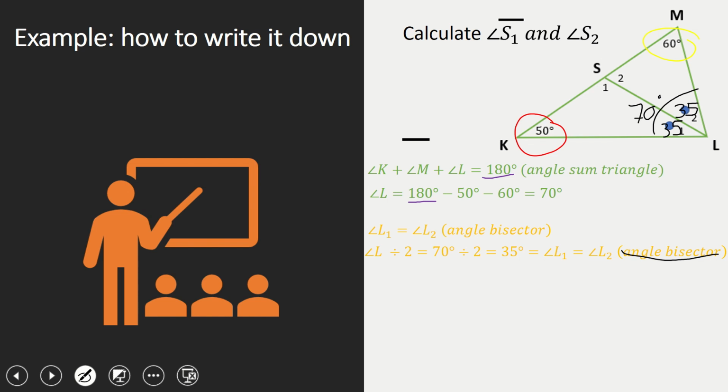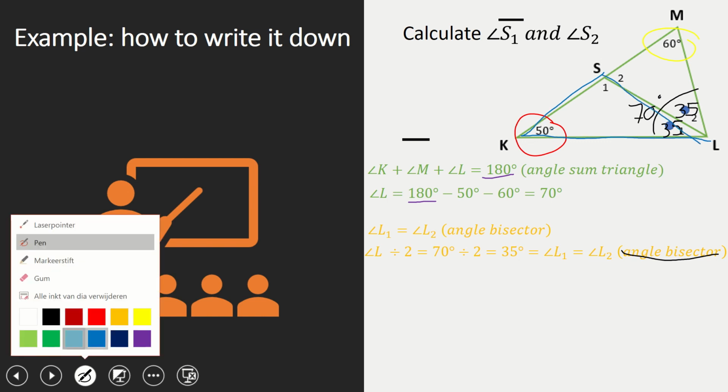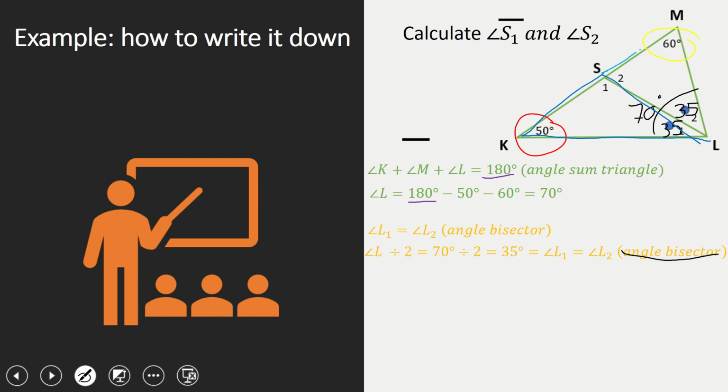So now I see that there are 2 more triangles. I've got triangle KLS and I've got triangle SML.